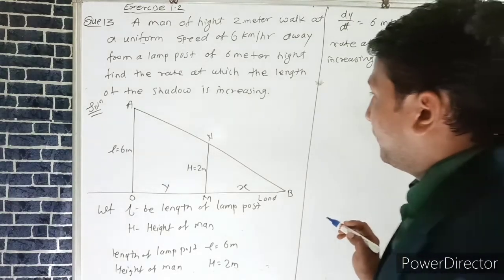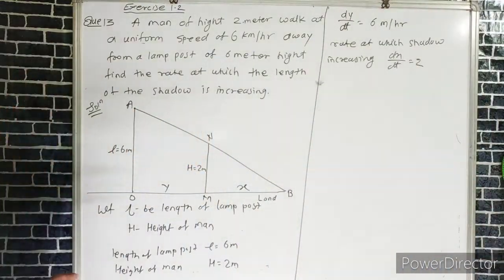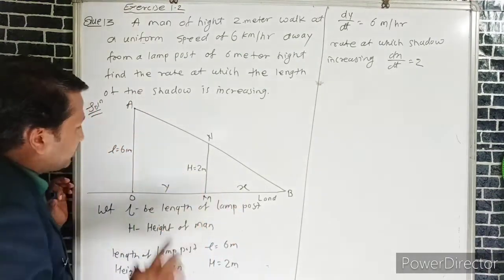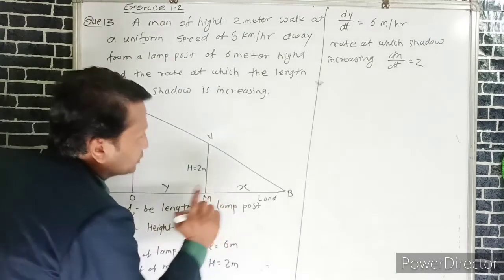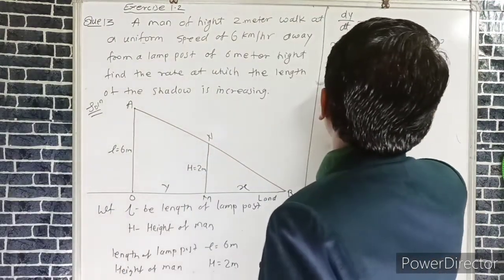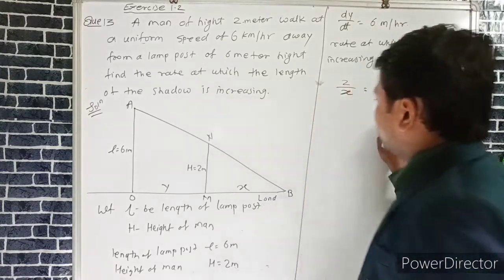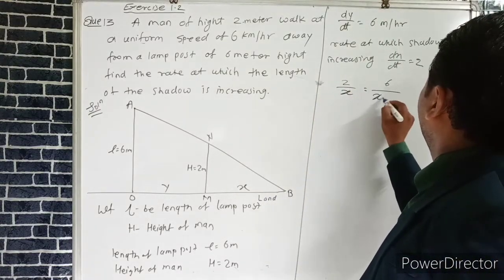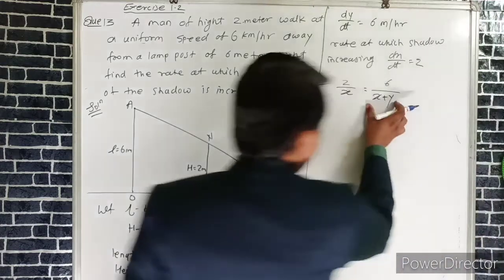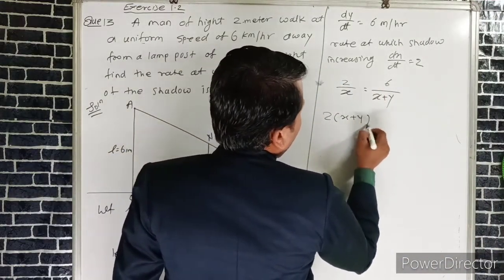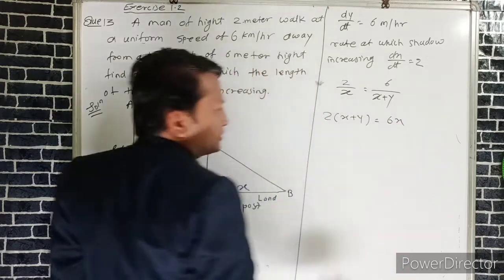So by the given condition we can say that 2 upon x is equal to 6 upon x plus y. If we cross multiply, on the left side we can write 2 into x plus y is equal to 6 into x.